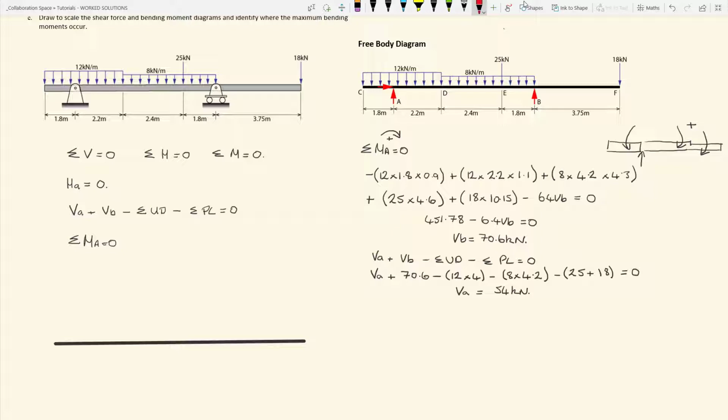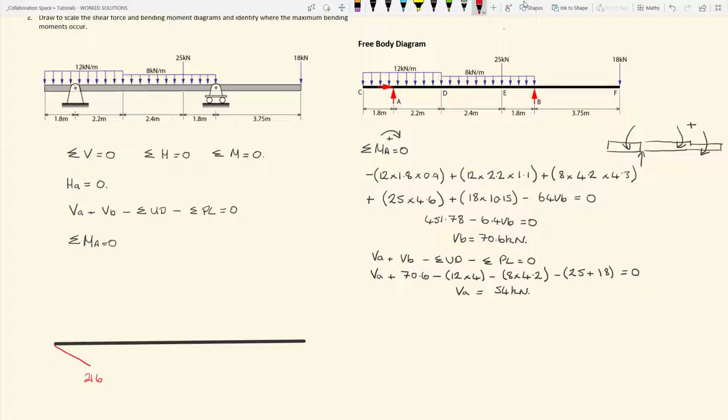Firstly, the UD load to the left of the pin support, we are going to lose 12 kilonewtons per meter over the first 1.8 meters. So starting at 0, we lose 12 kilonewtons per meter over the first 1.8 meters. That gives us a value of 21.6 kilonewtons.